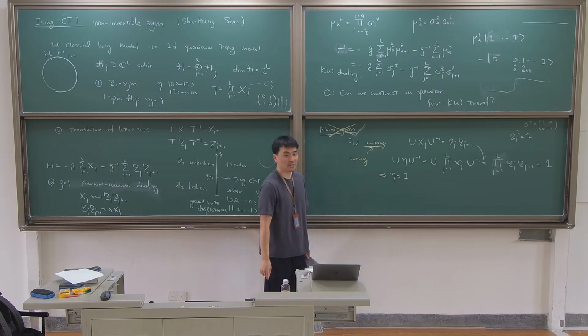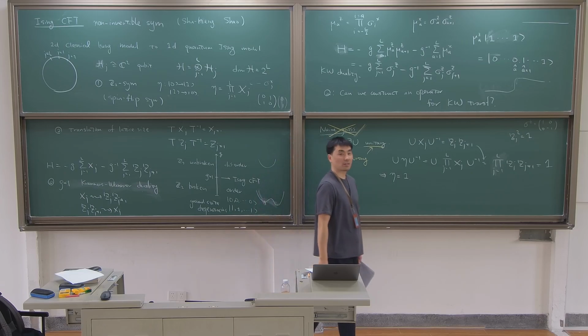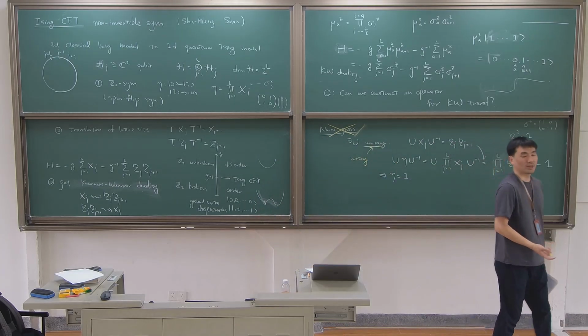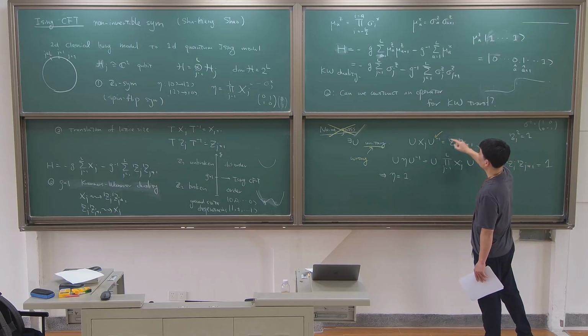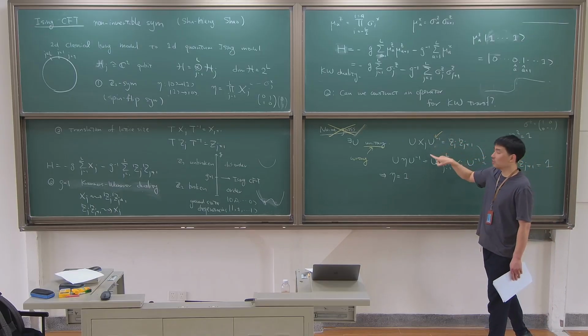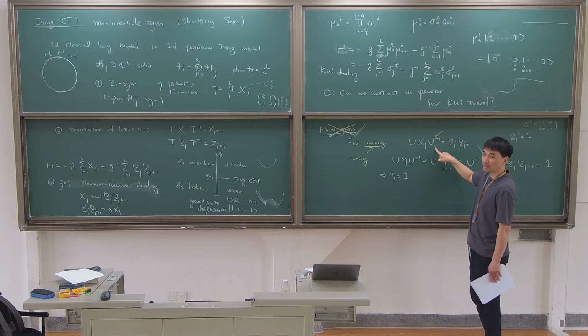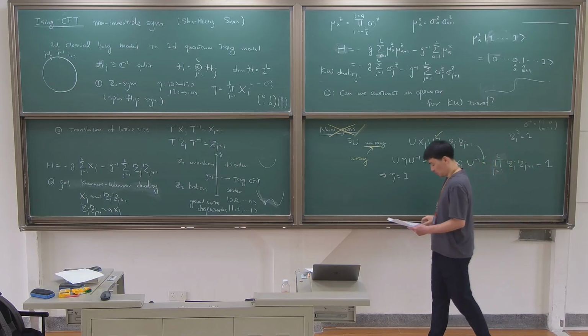So this Kramers-Wannier transformation cannot be done by a unitary transformation. If it were unitary, there would be an inverse, a unitary inverse, but that's not true.